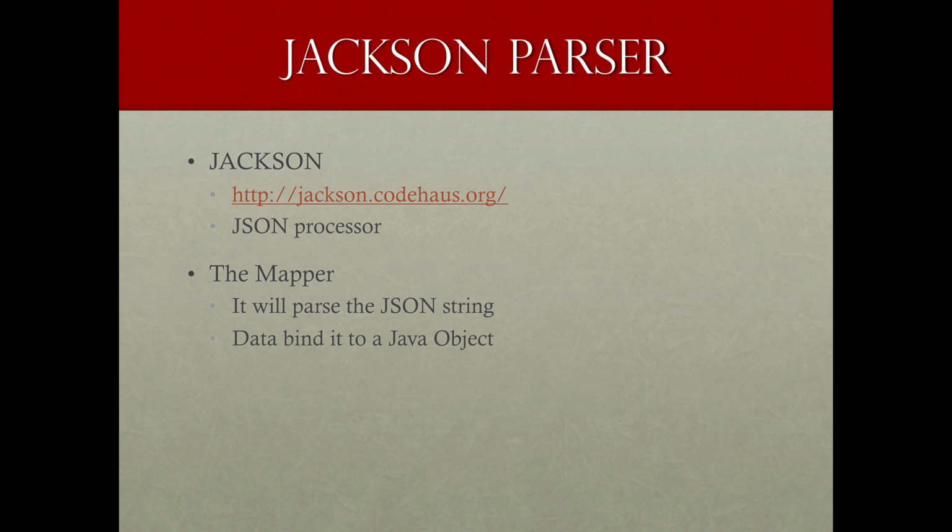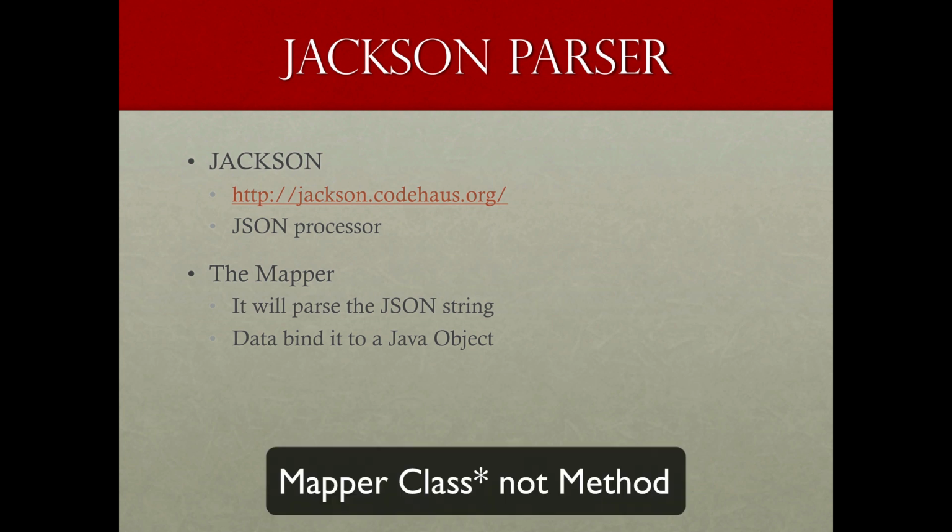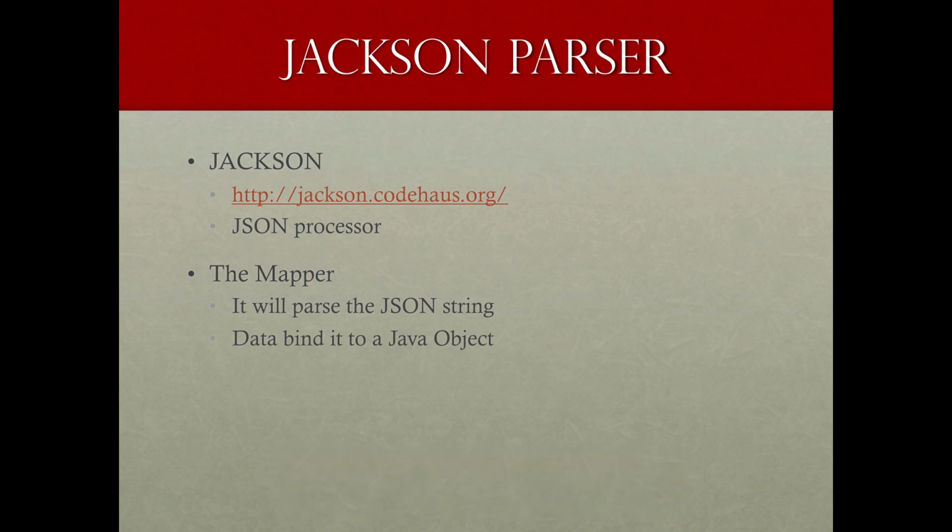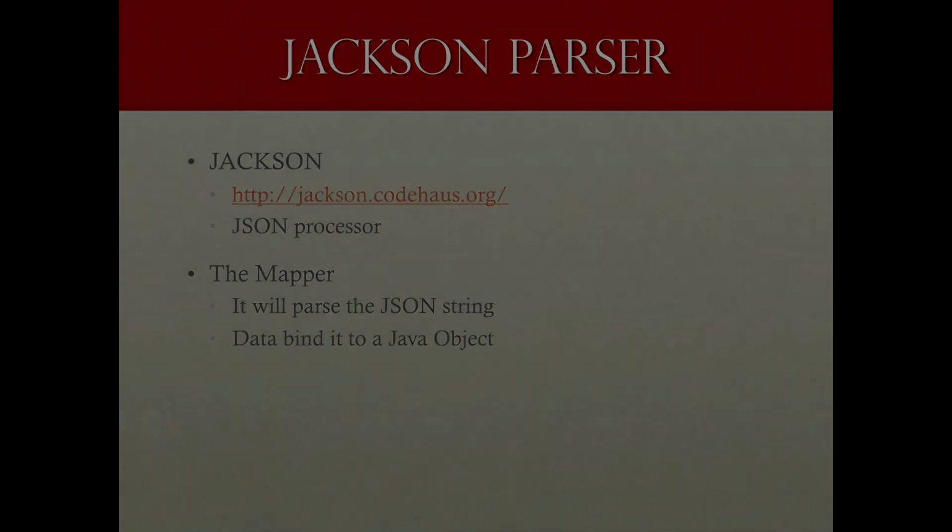So the real framework is called the Jackson parser or Jackson processor, whatever you like to call it, and there's the link to that particular website. What we're going to be using is their mapper method, which will allow us to parse the JSON coming in. So the message body has our content already in JSON format, and then we're going to bind it to a Java class. So that's what we're going to do.